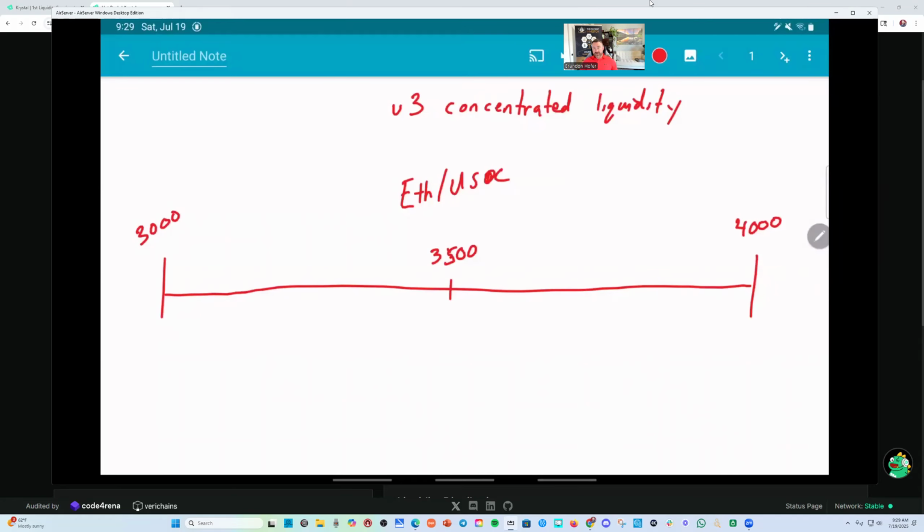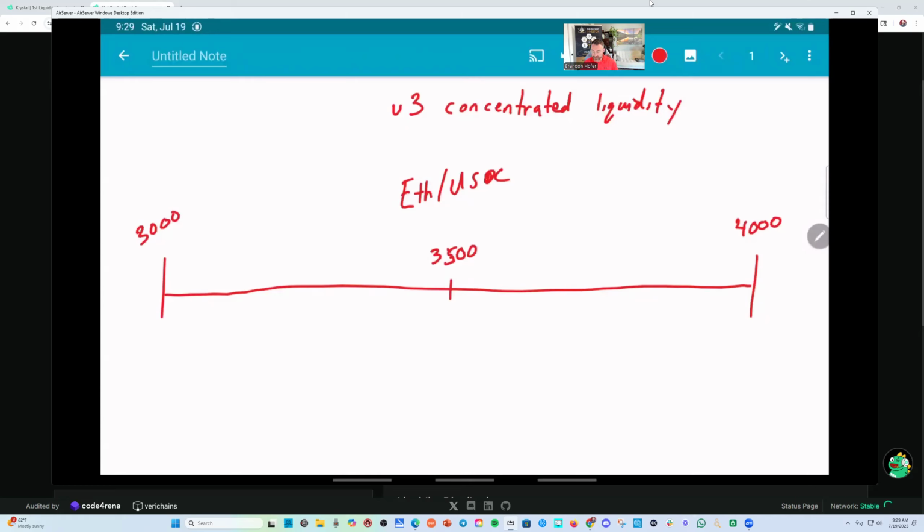So 3 to 4,000 is my range. When ETH trades somewhere between 3 and 4,000, I am going to collect fees because I'm in range. All right. Now, if I fall out of range, I stop collecting fees for that position for that period of time when it's out of range.